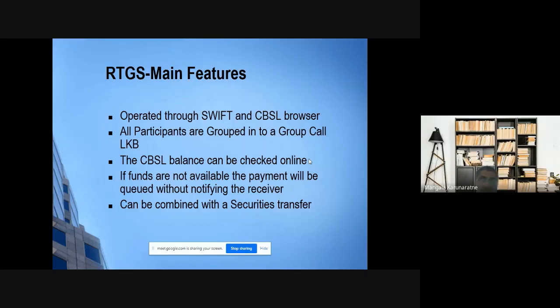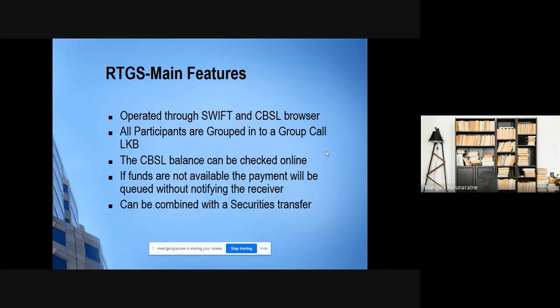The browser is a computer connected to the central bank system via a dedicated lease line. The browser is not through the internet. It is not the normal internet line we have; it is a dedicated lease line from the institution to the central bank.